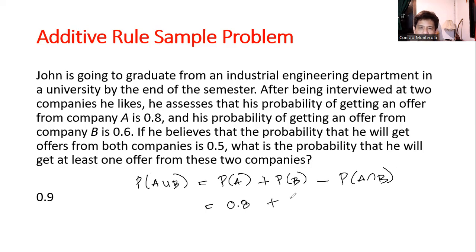The probability of B, getting accepted by company B, is 0.6. Minus the probability of the intersection, that would be 0.5.